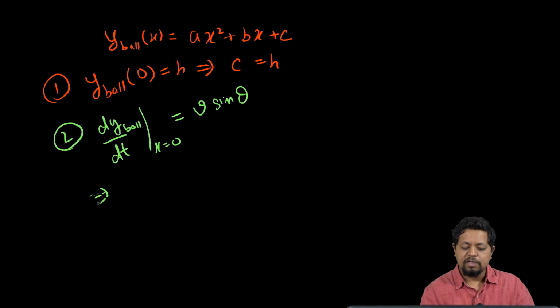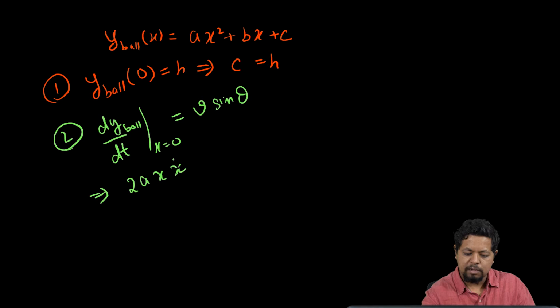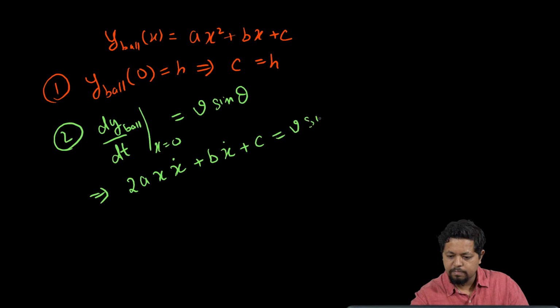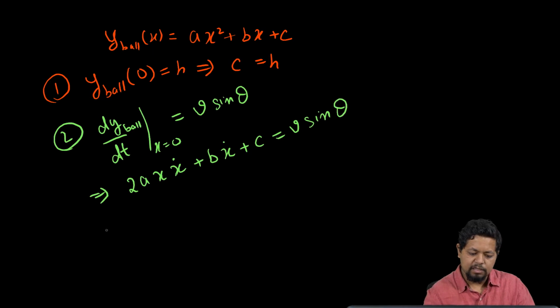We evaluate the left hand side, dy by dt, we get 2a x times x dot plus b x dot plus c equals v sin theta.